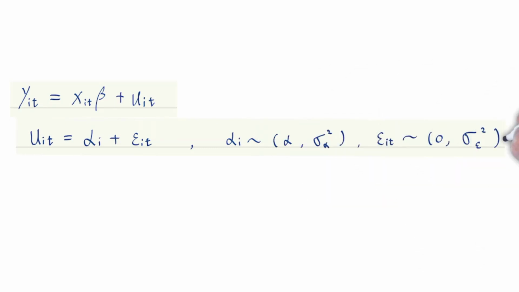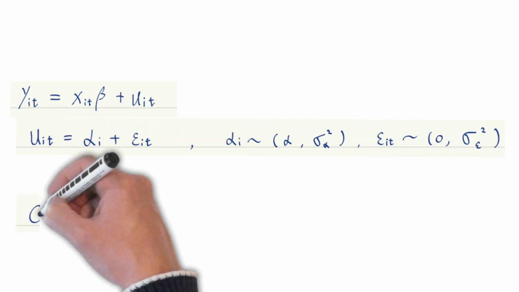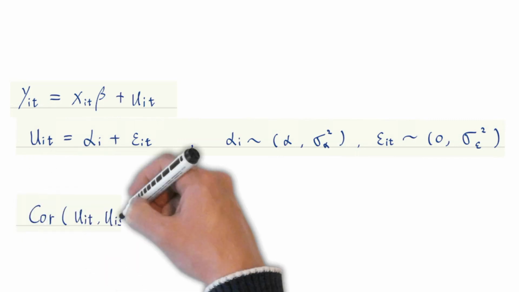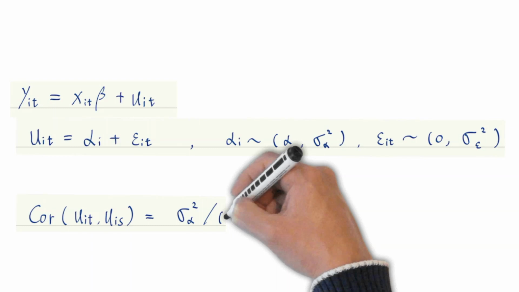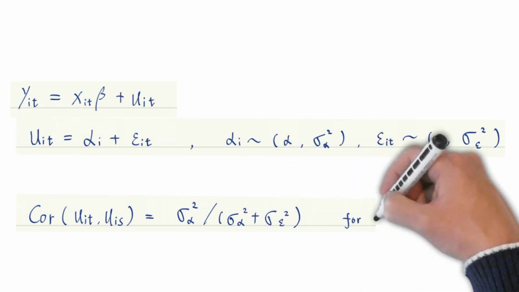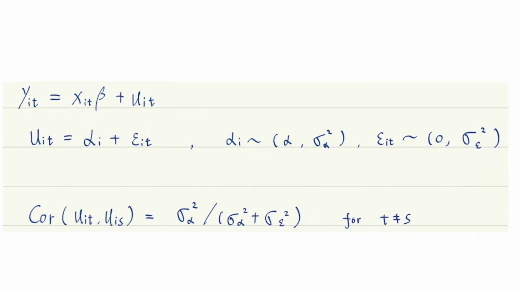The individual specific effect alpha is independent and identically distributed with mean alpha and variance sigma alpha squared, while the idiosyncratic error term epsilon has zero mean and variance sigma epsilon squared.